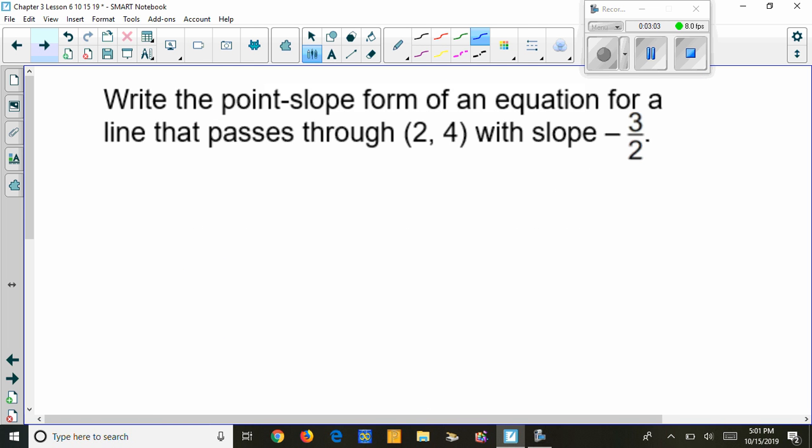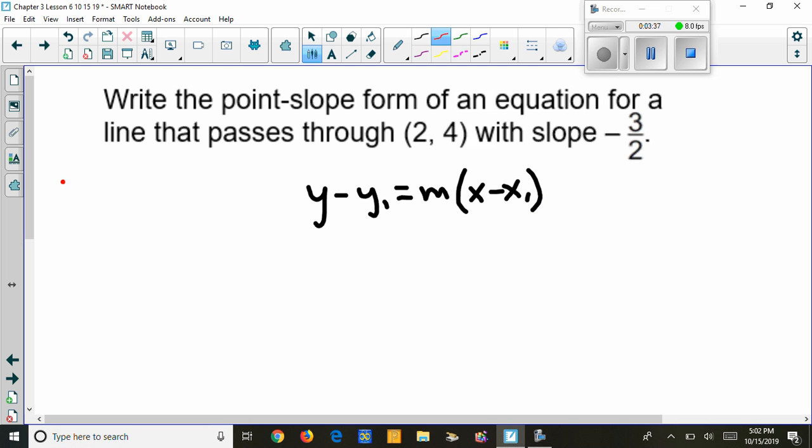So here's where we're going to start. Write the point-slope form of an equation for a line that passes through (2, 4) with a slope of -3/2. I'm using this equation, y minus y1 equals m times the difference of x and x1.